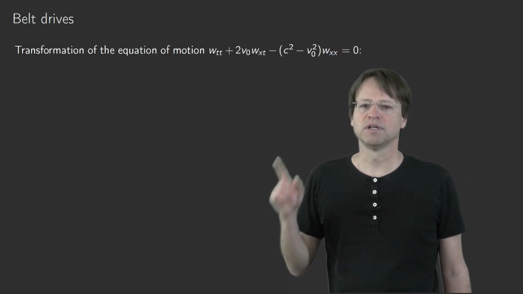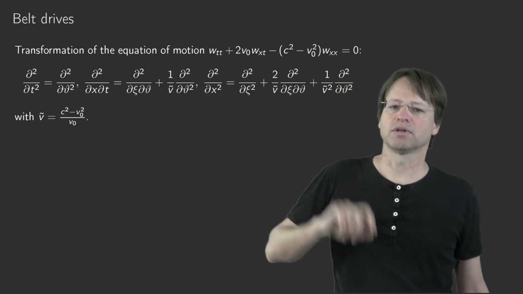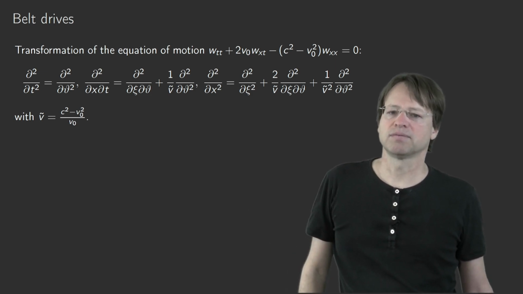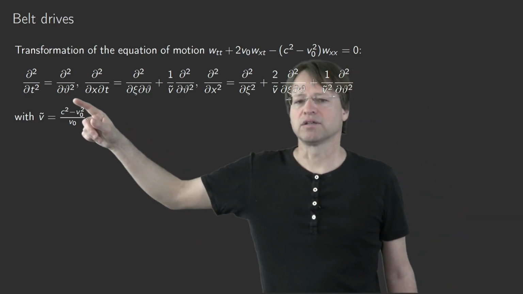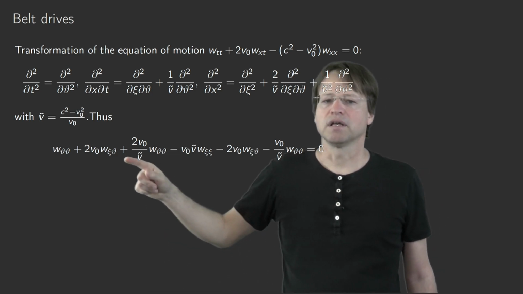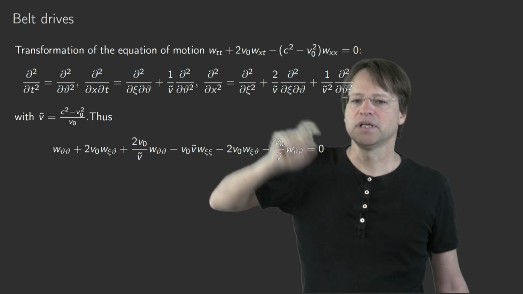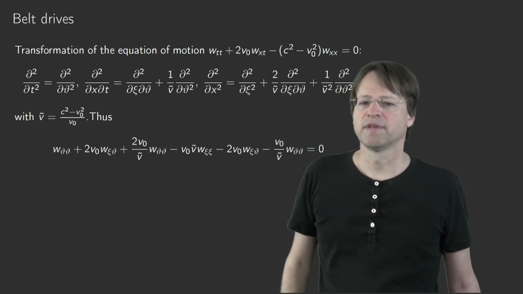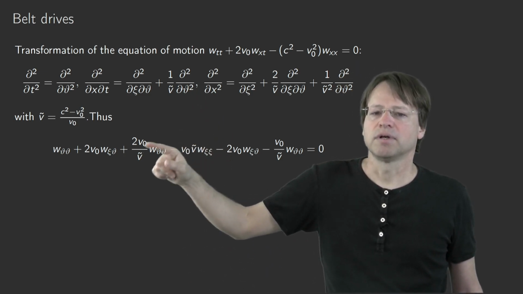So we transform the equation of motion by application of these second order derivatives, and once again v tilde is noted here, it's c squared minus v naught squared divided by v naught. If we plug in everything, we get first the second derivative with respect to tau. We then get a term that contains 2 v naught, the mixed derivatives, so it's the second derivative of psi tau here, and it's 2 times v naught divided by v tilde.